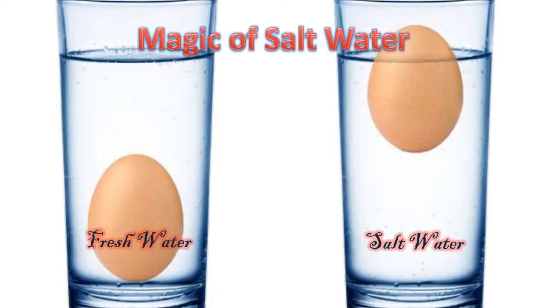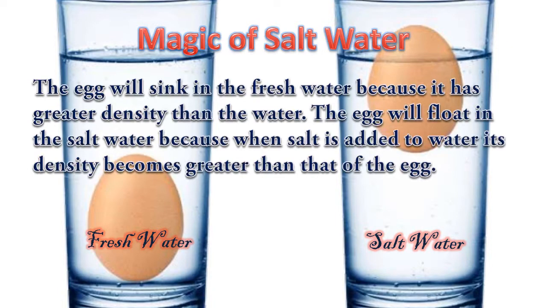Now let us see the magic of salt water. Here you can see the egg is at the bottom of the glass in the fresh water, but it reached the top of the glass in salt water. What is the reason for this? Let us see. The egg will sink in the fresh water because it has greater density than the water.